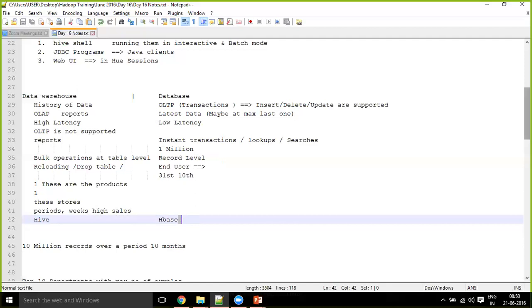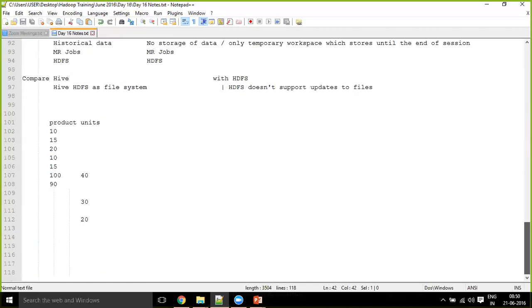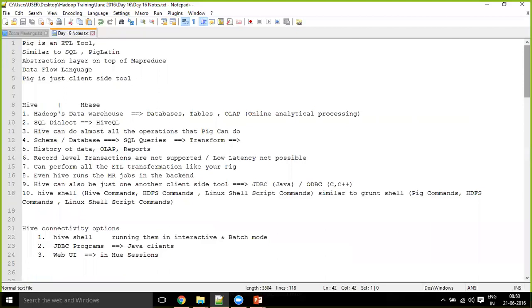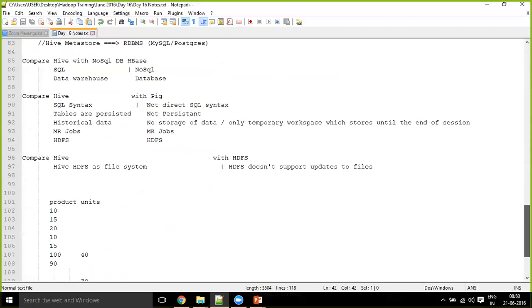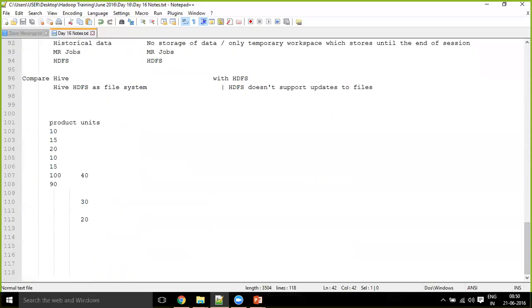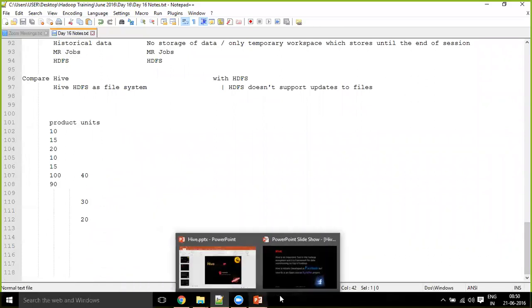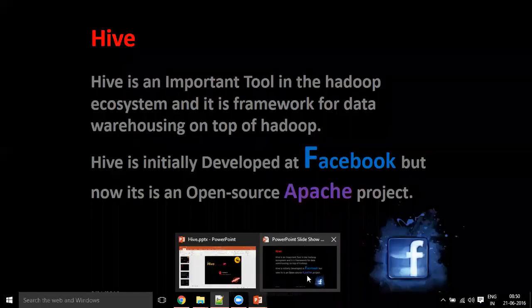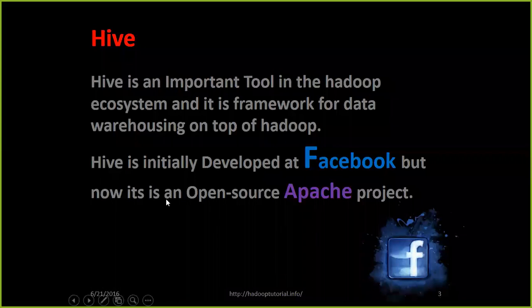So from here onwards, it's more like databases and tables, all this stuff. And you'll feel you don't need to write lengthy lines of code, just commands. Only in one case, I will show you a Hive client, a Java client, in case you need it in real time.